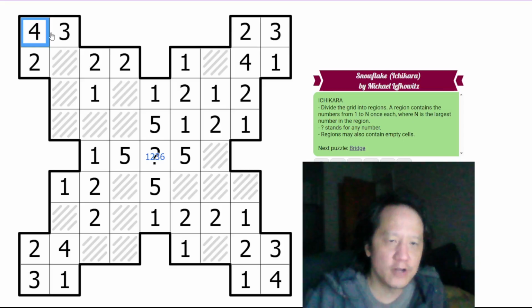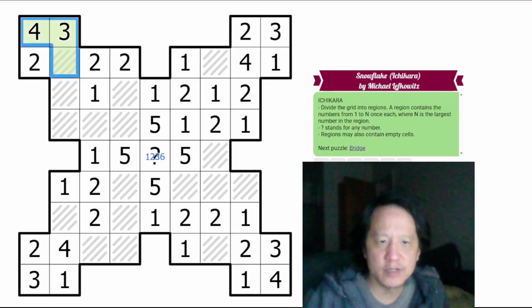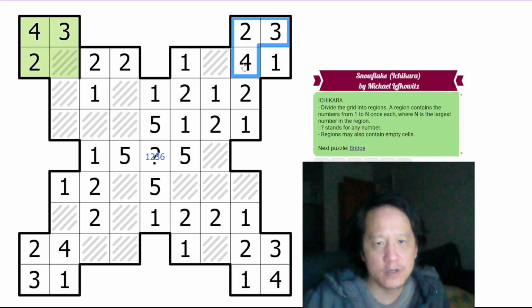The 4 here has to be part of this 3, because otherwise it doesn't work, and therefore it must be part of this 2. So this is a boundary here. This 4 I think has to go through 2 and 1 to get to 5.